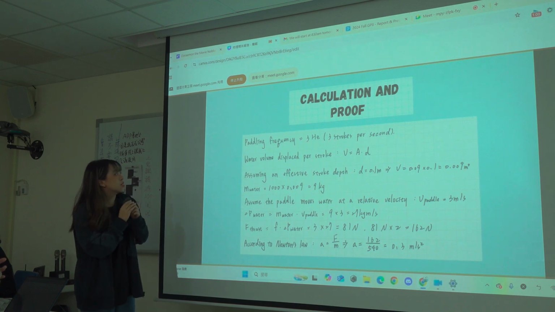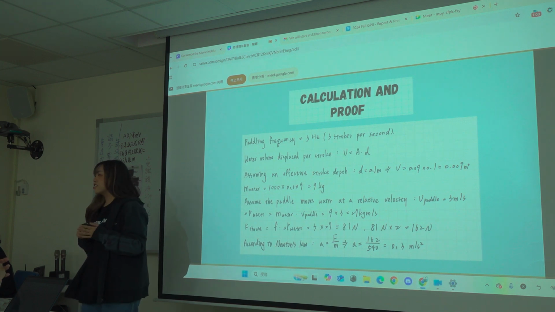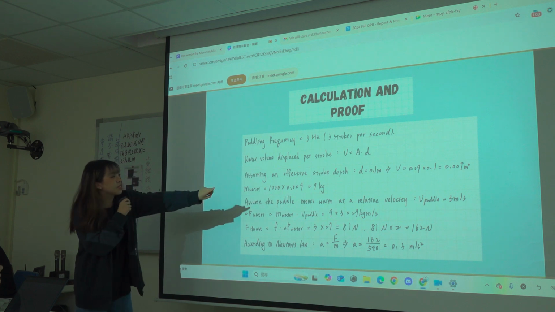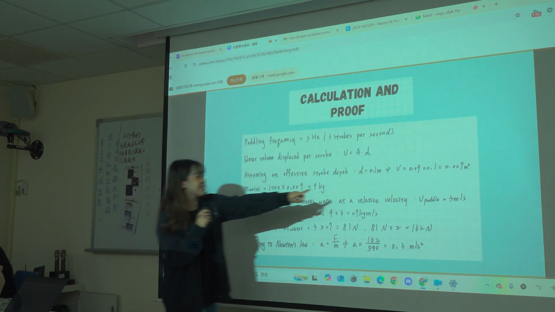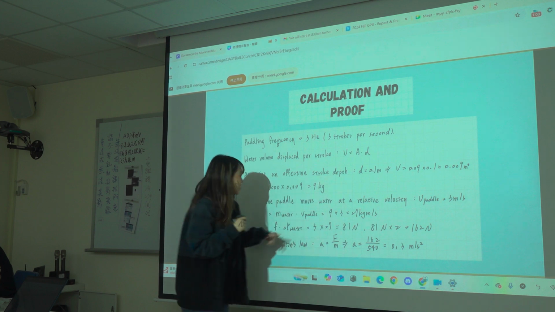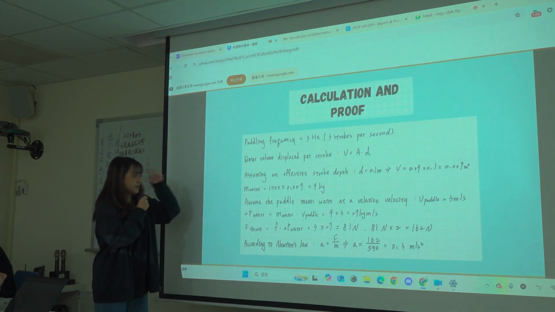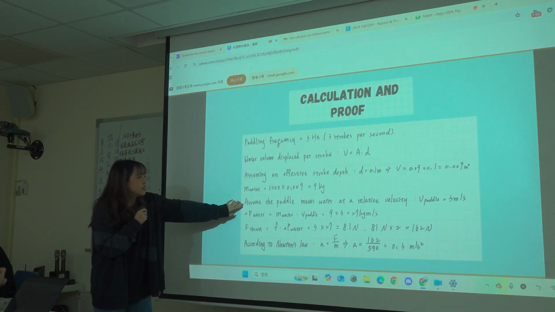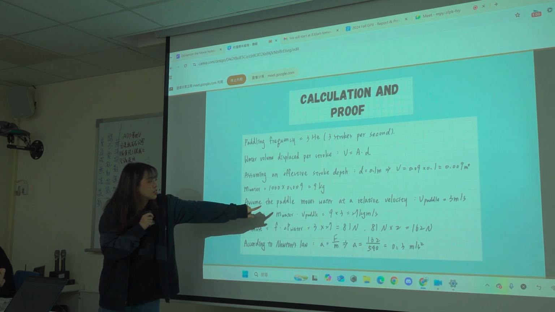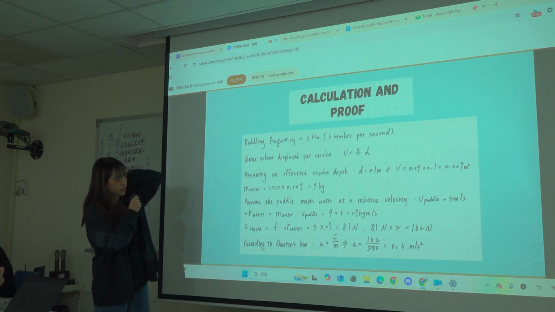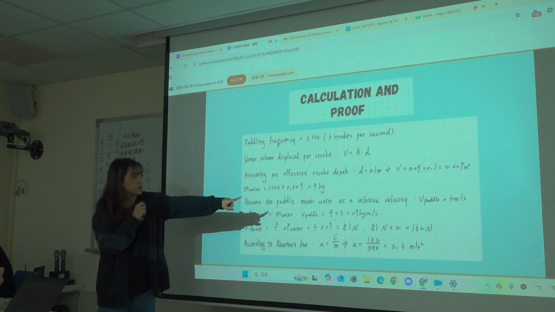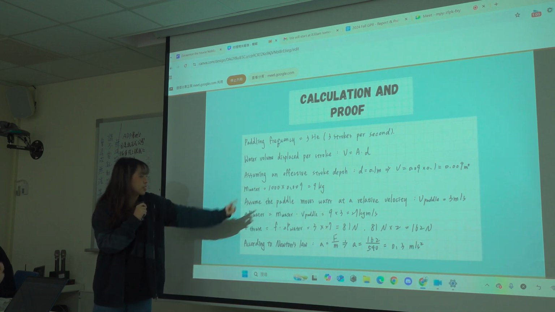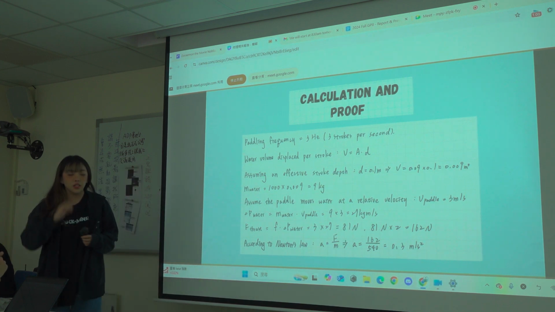So the volume is this, and here's the mass of water, and then the relative velocity of the paddle movement is 3. Okay, I read it. Let's go to the next.